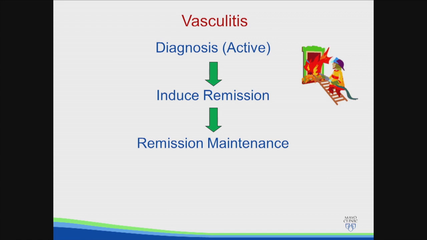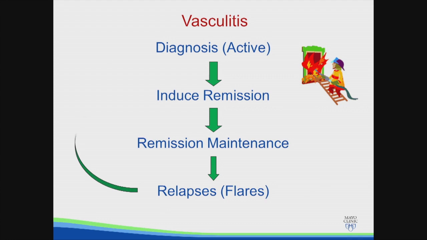So after we turn off the inflammation, we want to keep the inflammation turned off. And sometimes, of course, as we said, the disease will relapse or flare up, and then we kind of have to start over again. So these are the general phases of how we treat vasculitis.